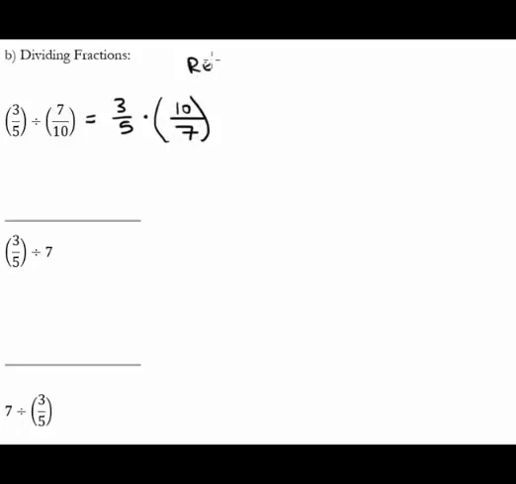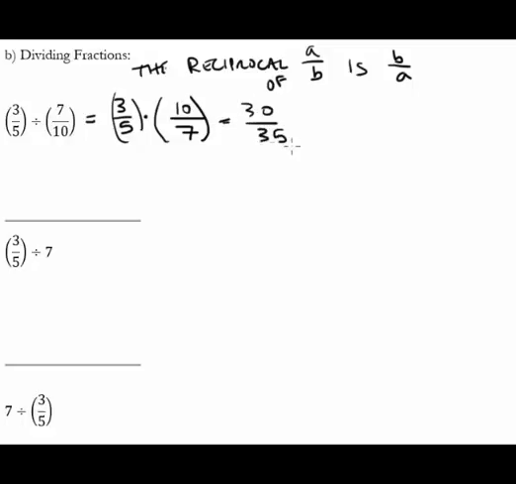Okay, so the reciprocal of any fraction a over b is just b over a. I just flip them, okay? So instead of 7 over 10, I write 10 over 7, and then it's a multiplication problem. I can multiply across. So we end up with 30 over 35, otherwise known as 6 over 7.